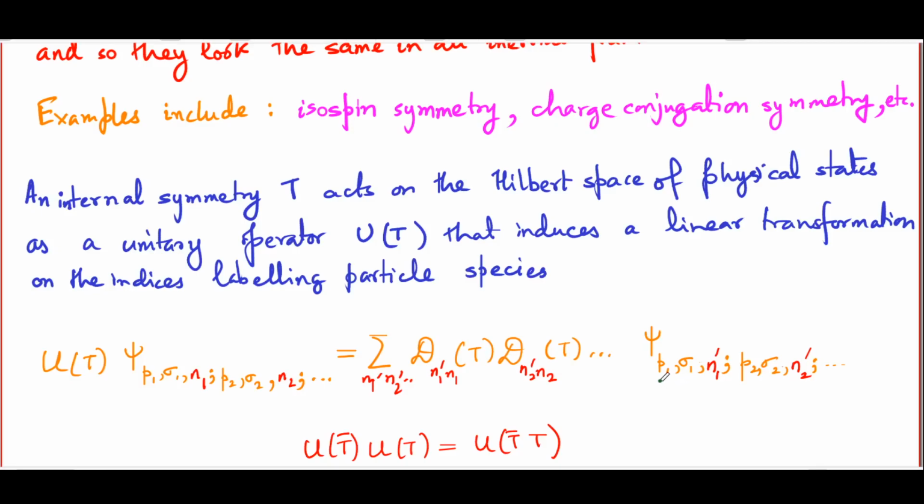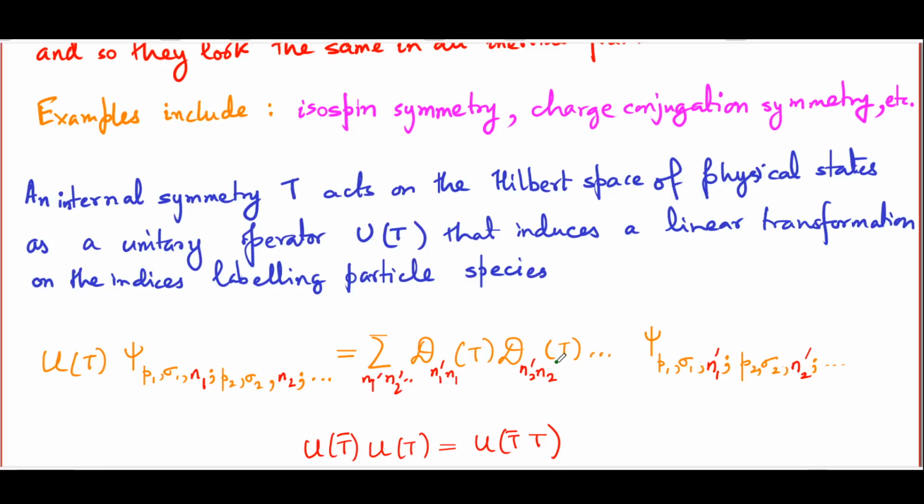So p1 sigma1 is the same on the left and the right, but a combination of different particle species labels, n1 prime, n2 prime and so on. These are the things that change. And of course the linear combinations need coefficients, and these coefficients form matrices. Curly D n1 prime n1 is the n1 prime, n1th element of a matrix curly D of T. Similarly, this is the n2 prime, n2th element of curly D of T.